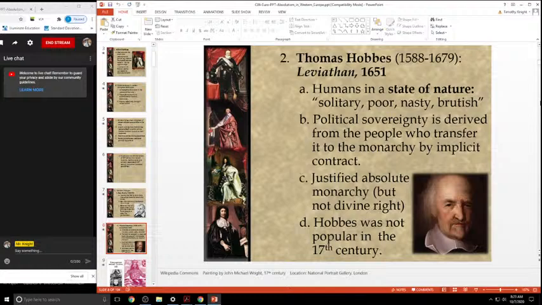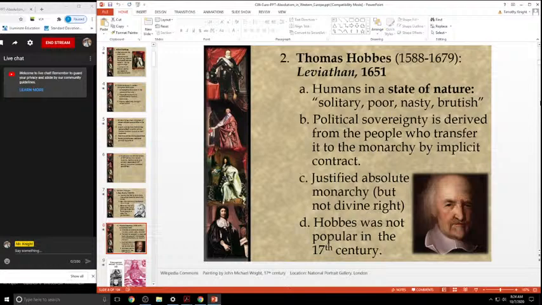Another major thinker of this time is a guy named Thomas Hobbes. Now, Thomas Hobbes, unlike Jean Bodin, who is from France, was from England. And Thomas Hobbes witnessed conflict in his time, too, because he lived through the English Civil War.